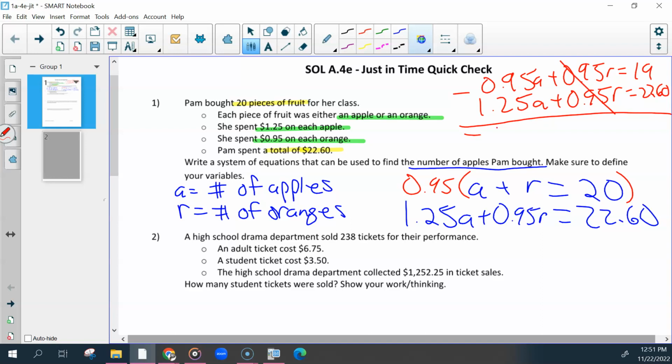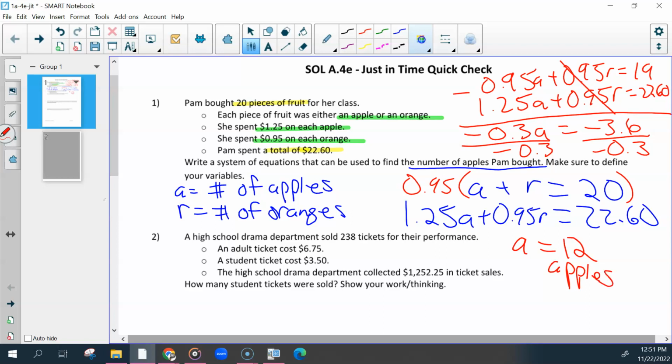This would give me a negative 0.3a equals a negative 3.6. Divide both sides by negative 0.3. So that A equals 12 apples. Questions on that one?